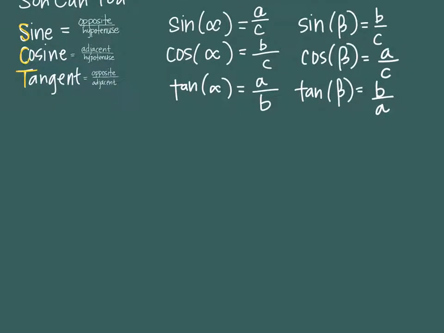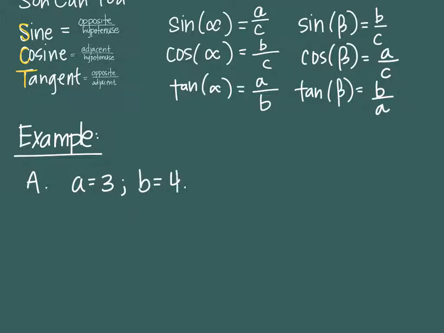All right, well then let's practice and see how well you're understanding. We're going to start with a right triangle. Example A: little a is 3, little b is 4, little c is 5. It helps me to draw them.